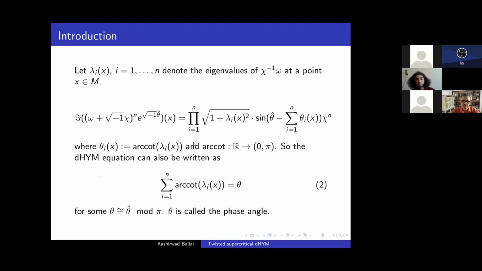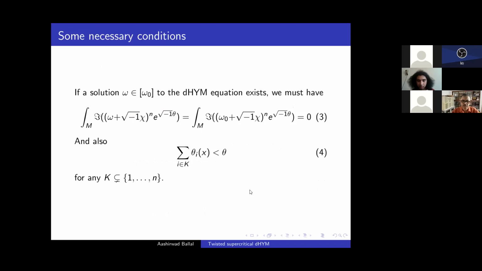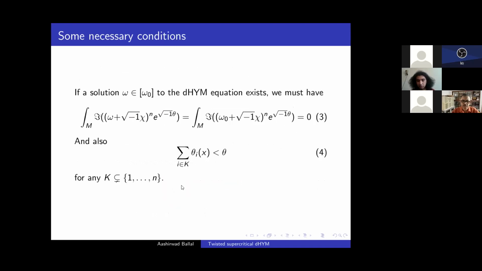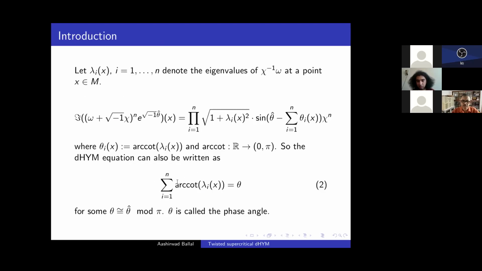And because we have this equation which is equivalent to the dHYM, and because each of these terms lies in 0 to pi, if you forget about any of those terms, then the sum of the resulting terms should be less than theta.